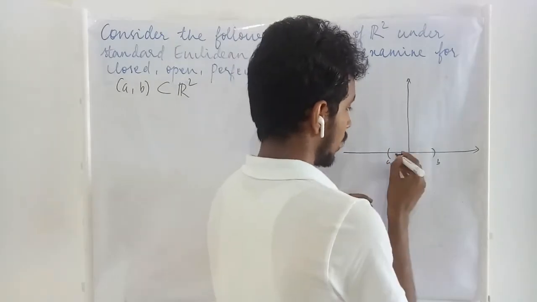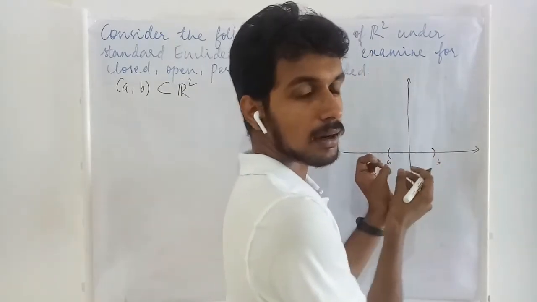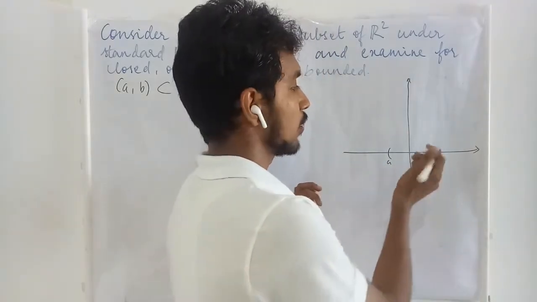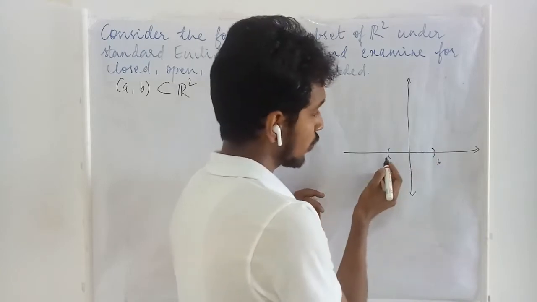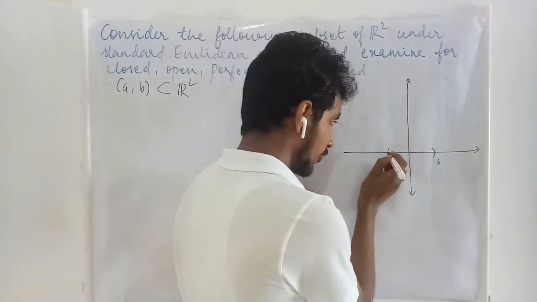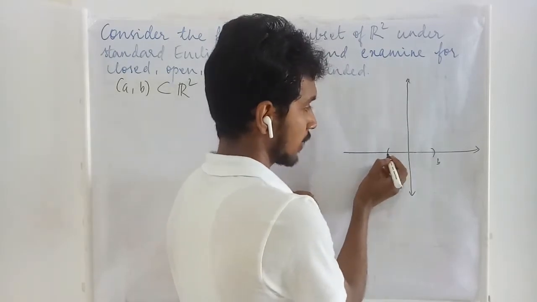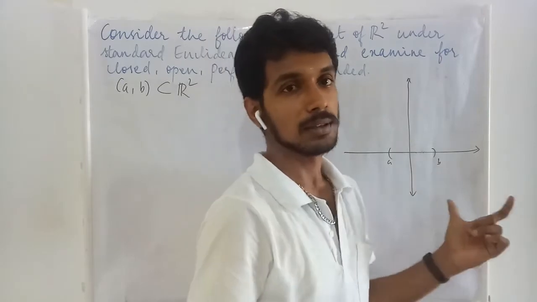I can choose whatever point and a minimal radius, and I can see that some other points which are members of the set are present in the neighborhood. Therefore, all those points inside this will be limit points. Even if I take the point a comma 0, that is also a limit point of this set.